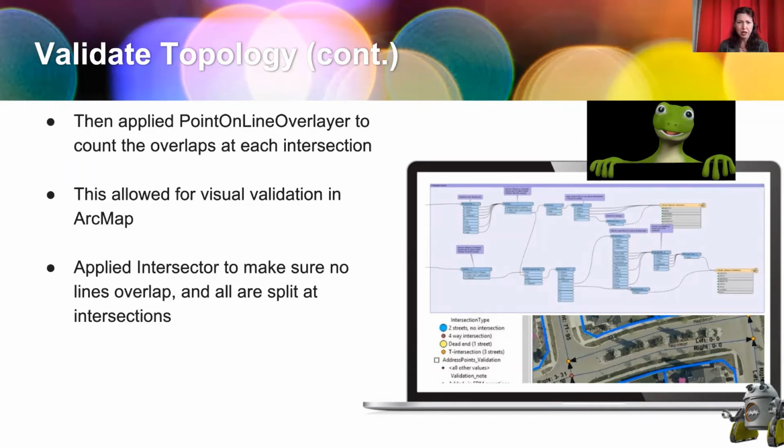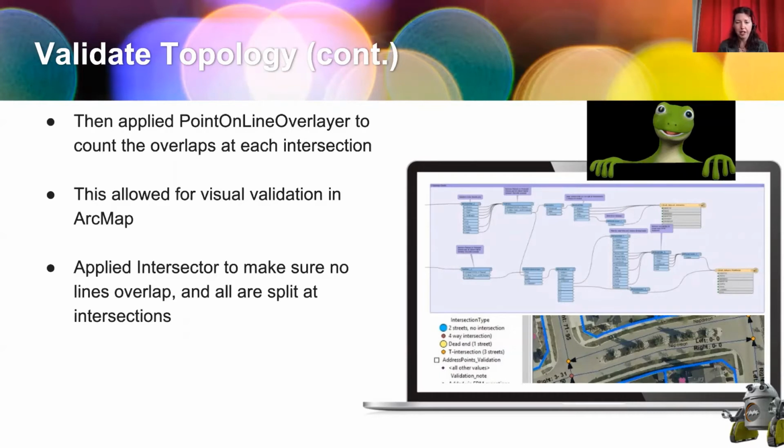So it was really through this overlap that allowed us to visually verify that the intersections had the right number of streets snapped together. We could see here that the orange intersection at the corner is in fact a three-way intersection, a T intersection. So that's correct. The bottom one's a four-way. So we knew that was correct.